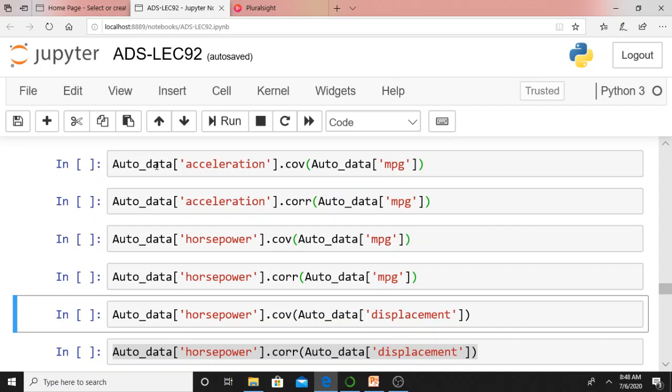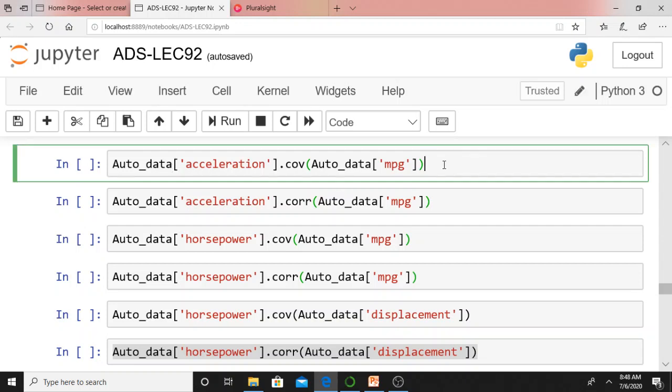We already removed null values and completed pre-processing on this file. Now, in this lecture, we will calculate covariance and correlation with the help of pandas.